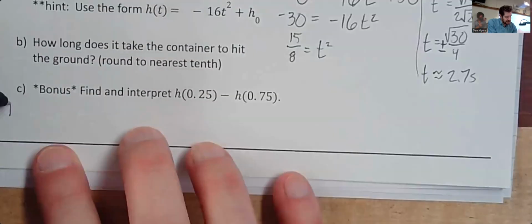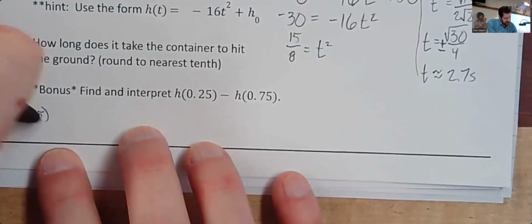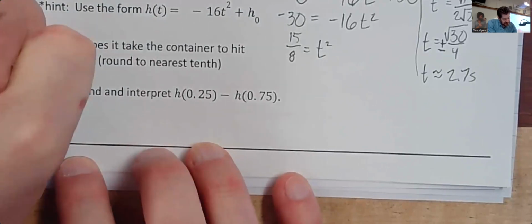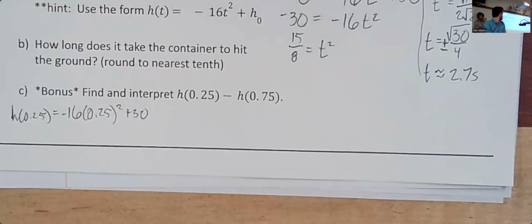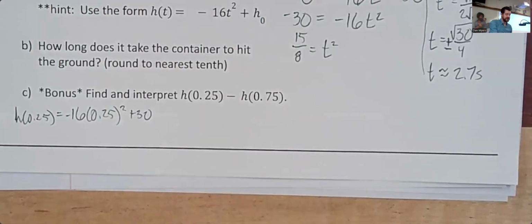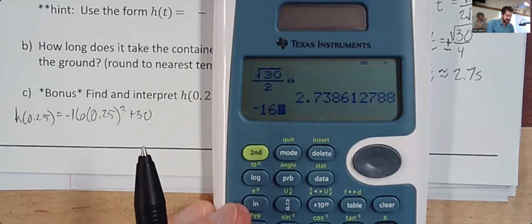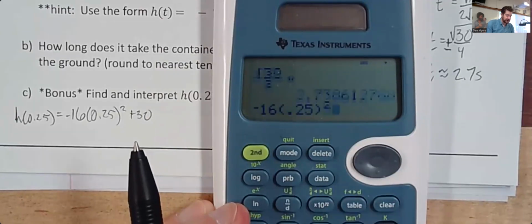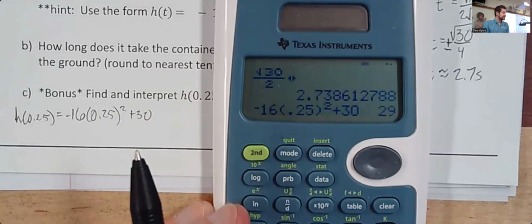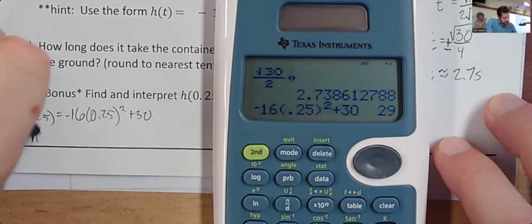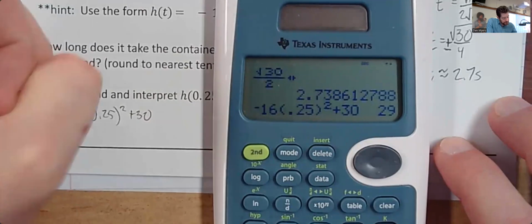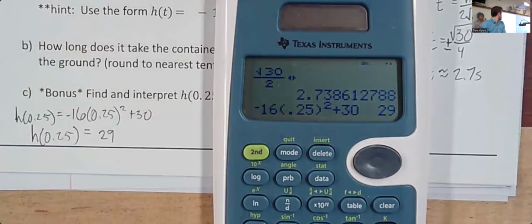So h of 0.25 is going to equal negative 16 times 0.25 squared plus 30. That's what we're going to start with, 0.25. So let's see, negative 16 times 0.25 squared plus 30 is 29. What does that mean?